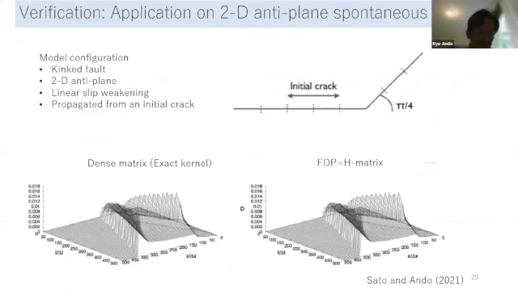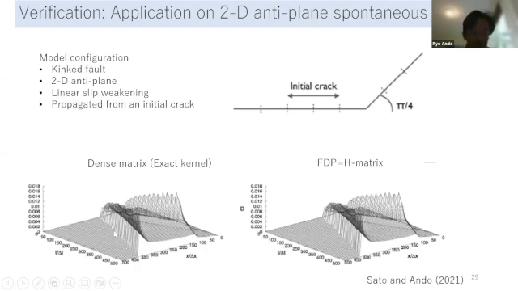So we have tested the accuracy and efficiency by using the spontaneous rupture on the kinked fault test problem. We just assume the linear slip weakening and an initial crack and kick the spontaneous rupture.